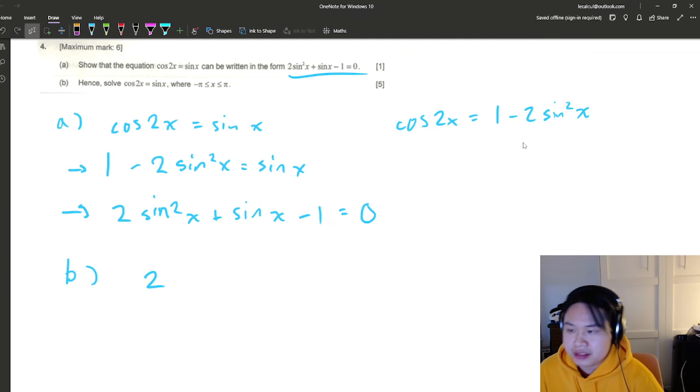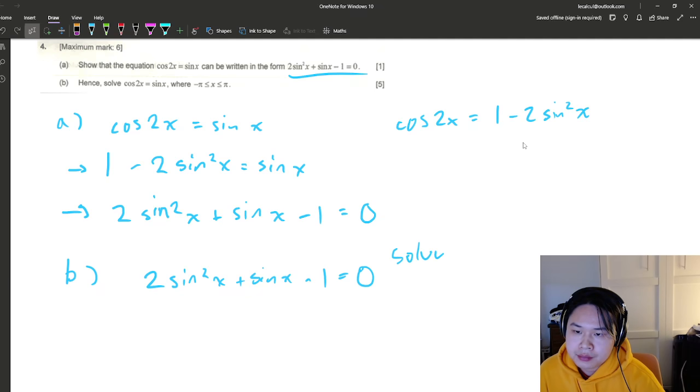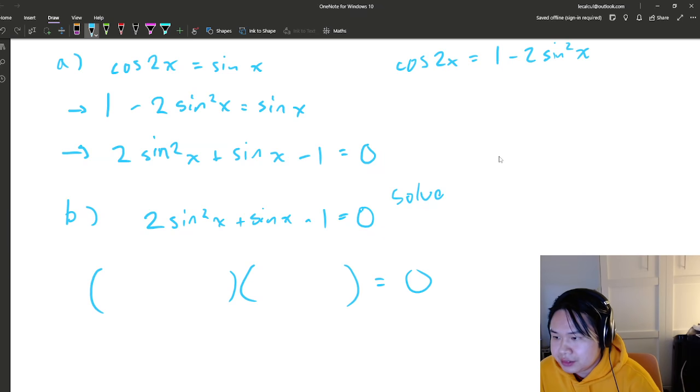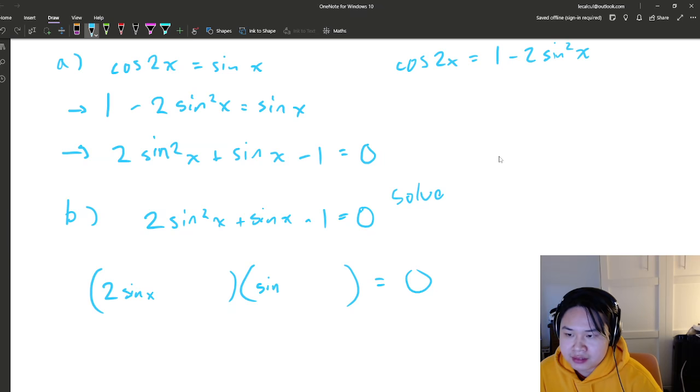So we're trying to solve this. This is a quadratic equation, so we can factor it. We have 2 sine x over here, and sine x over here.